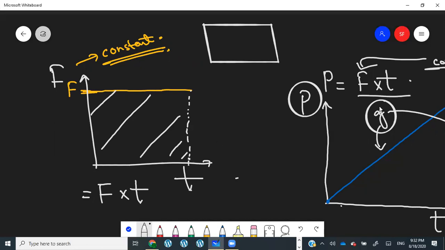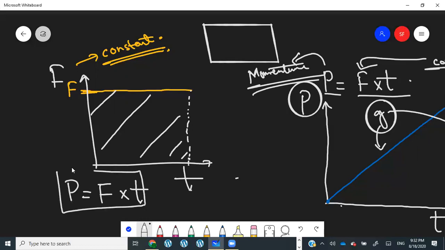Power. Oh, wait, no. Wait. Yeah, power. It's momentum. The P is representing momentum in this case. No. Yep, it's momentum. Okay, so I keep momentum. reading it as power. No, it's momentum.